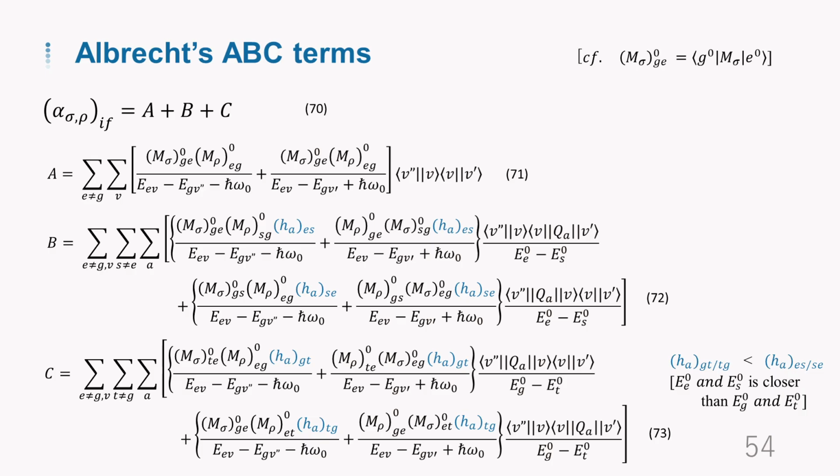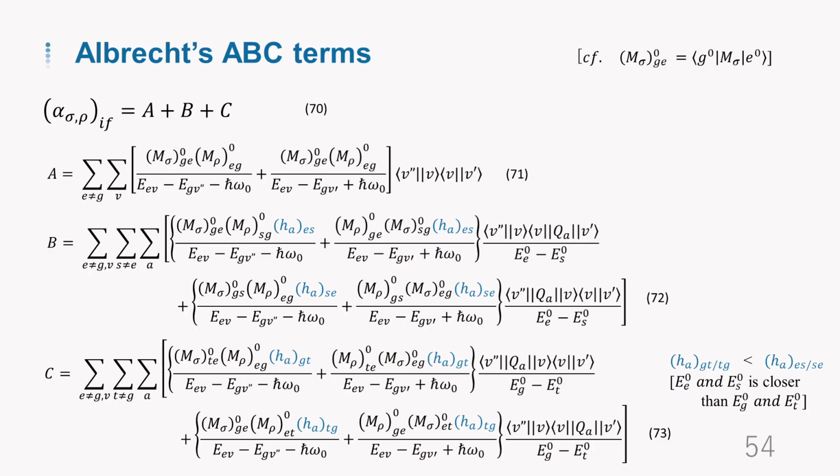So typically, A is the largest contribution. B is the second largest contribution. And C is negligibly small in most cases. So by introducing the Hertzberg-Teller expansion, we can classify the Raman tensor into three groups A, B, C. A is the main part, B is the part containing the mixing term between the excited state and other electronic states.